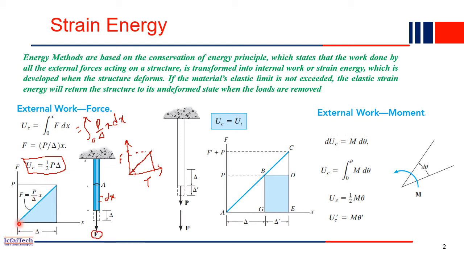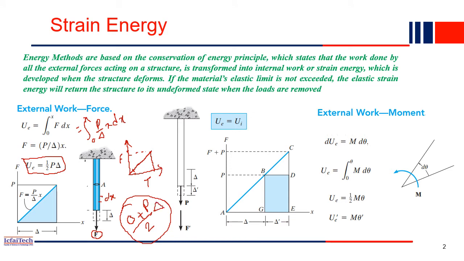At time 0 the force was 0, whereas at time t the force is P. Now what is the average? At time 0 it was 0, and when the delta is full, it reaches P. Now average will be P by 2 into delta.